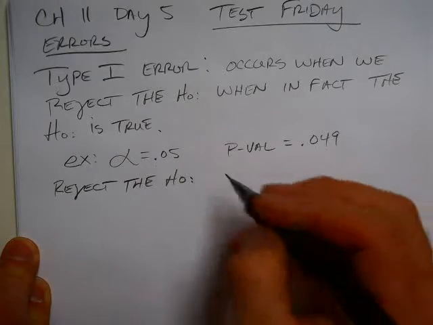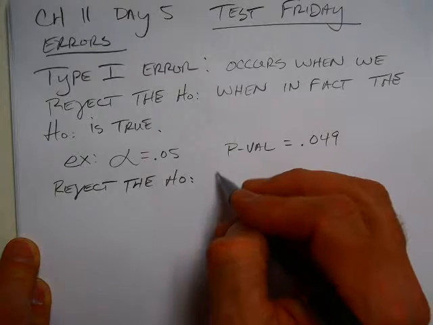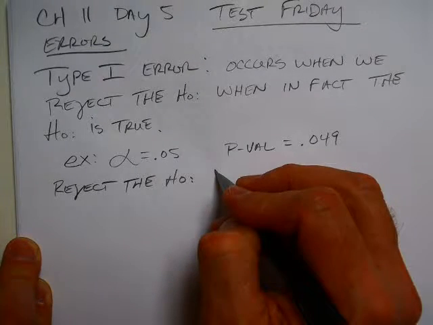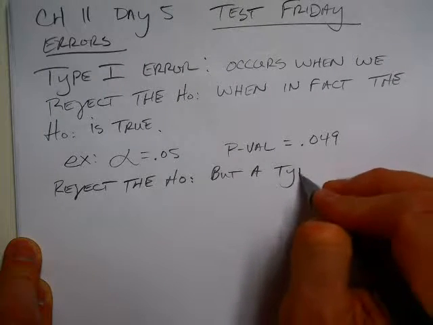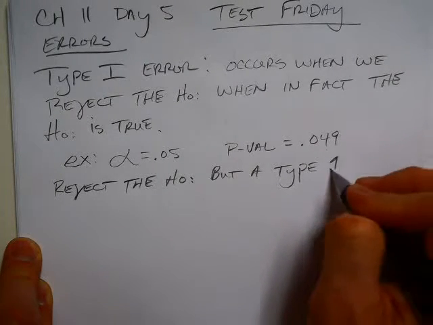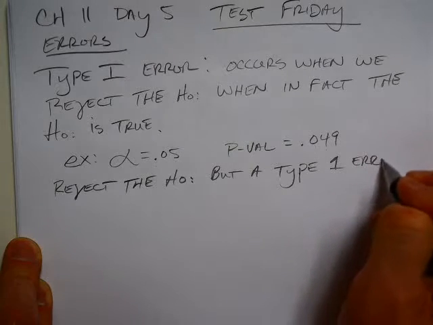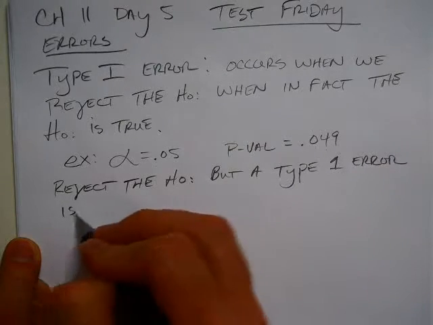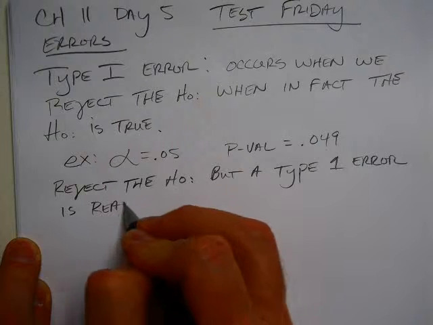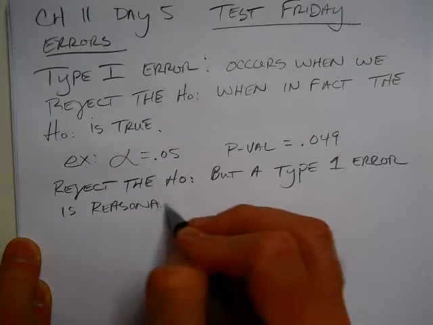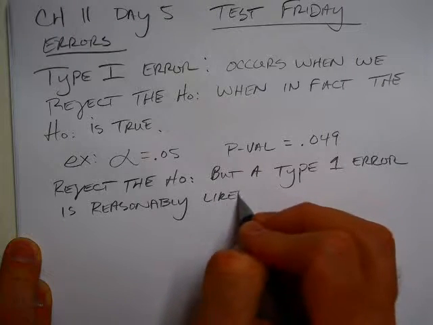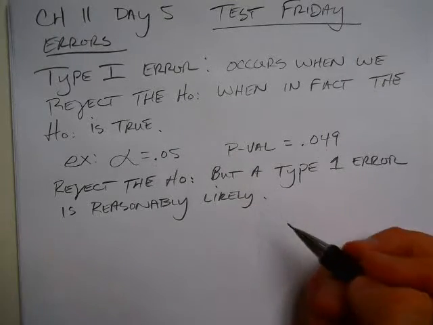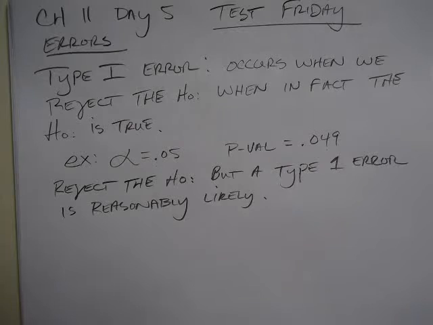We still reject the null. We might just add, though, but a type 1 error where there's a reasonable probability of a type 1 error occurring.